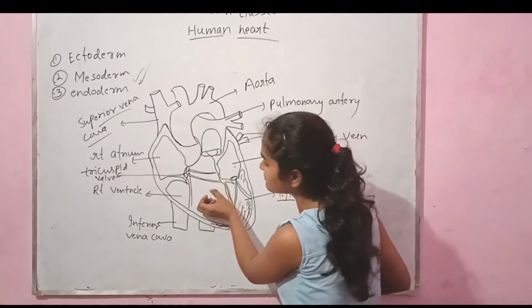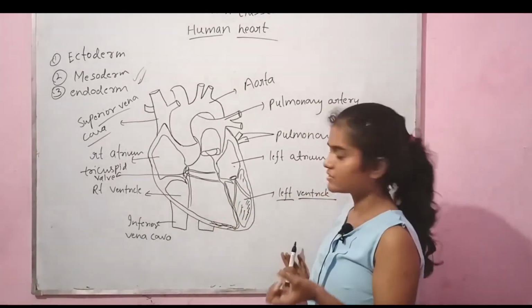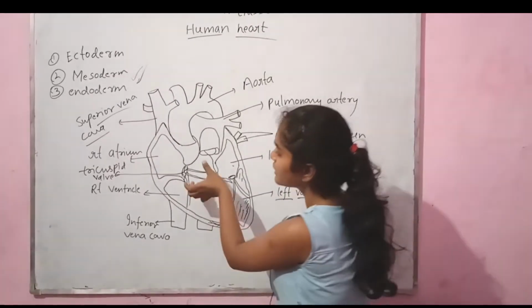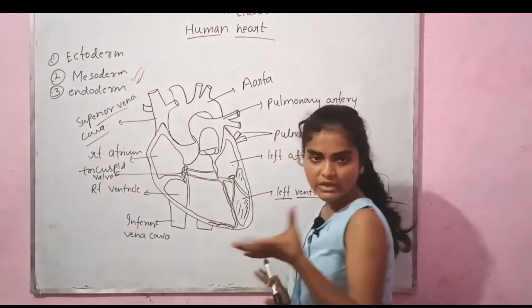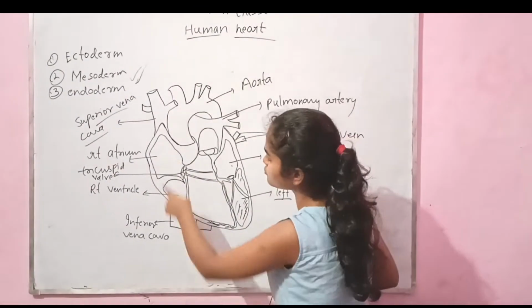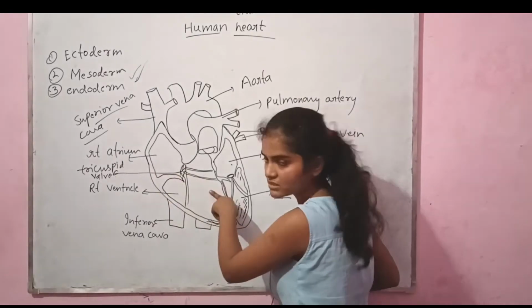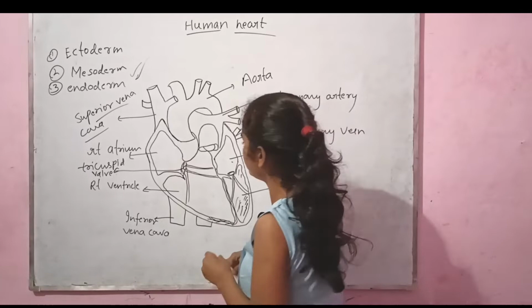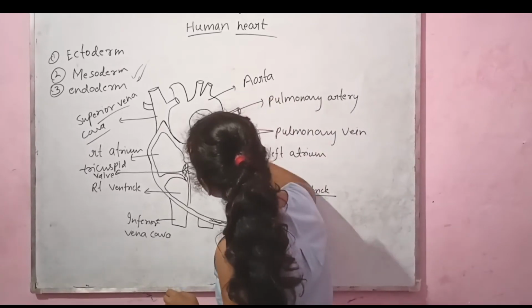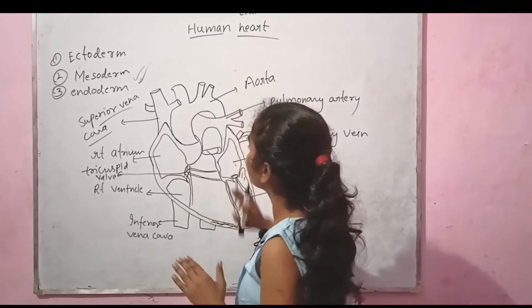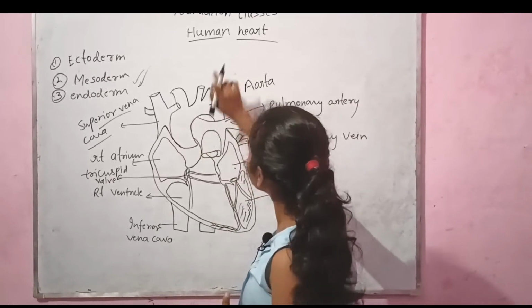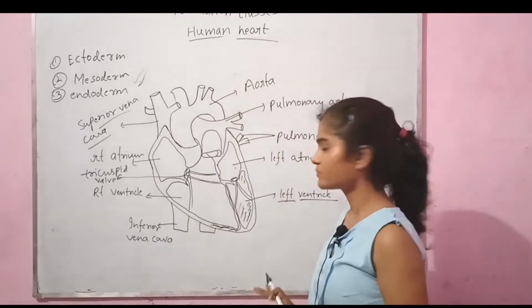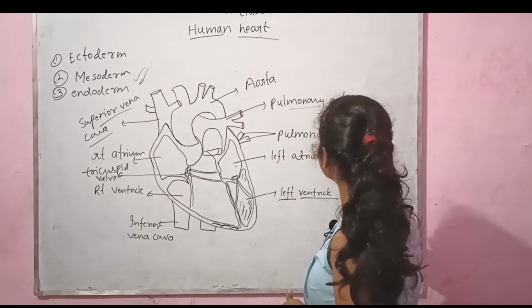When the ventricle contracts, this tricuspid valve opens and blood comes from the superior or inferior vena cava into the ventricle. This ventricle supplies deoxygenated blood to the lungs through the pulmonary artery.